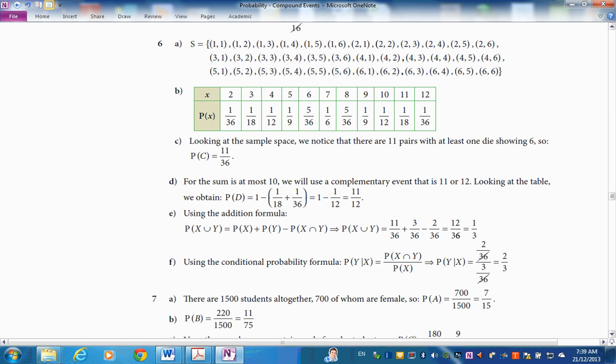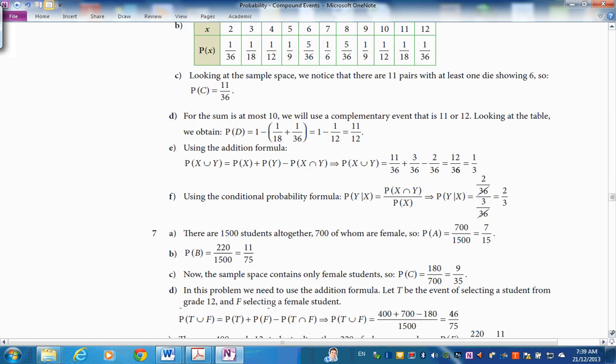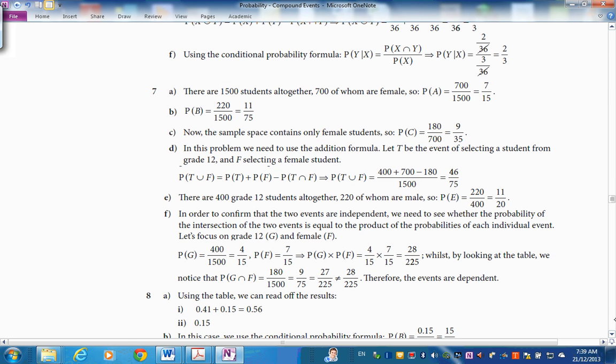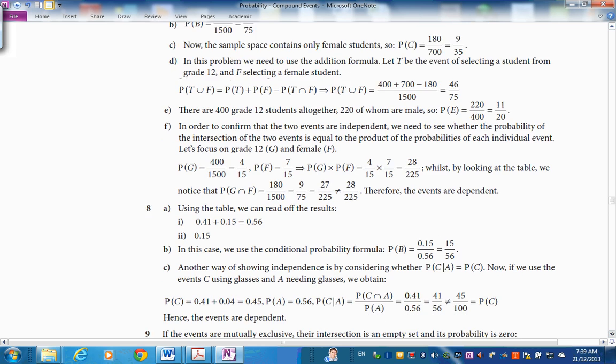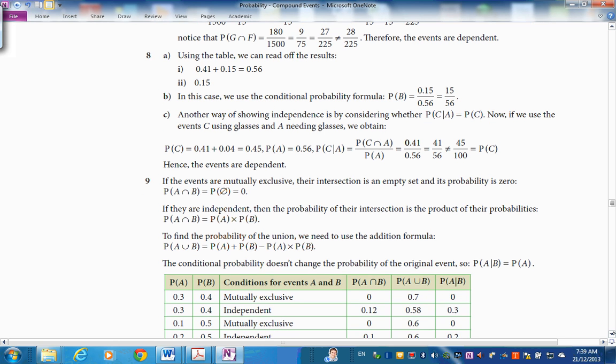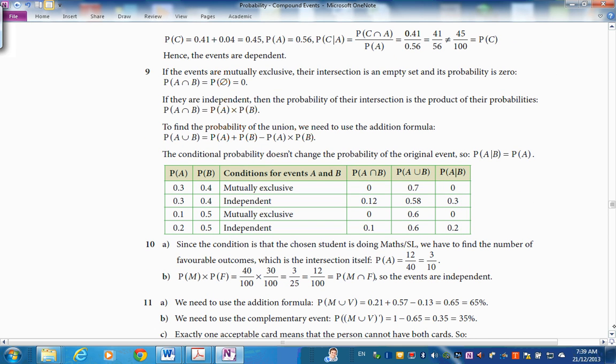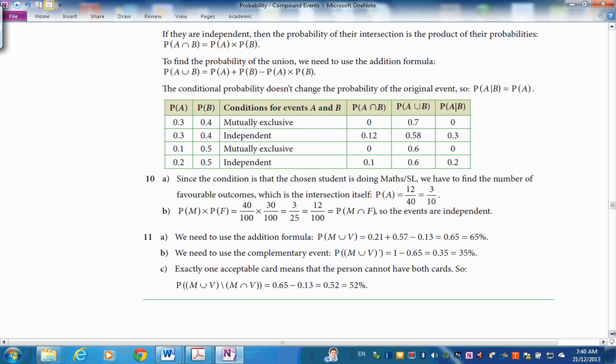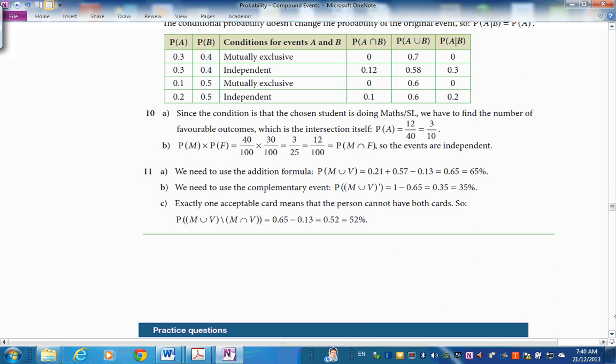Let's go to 7. Yep, there's 7 now. Eight. 9 and 10. And 11.